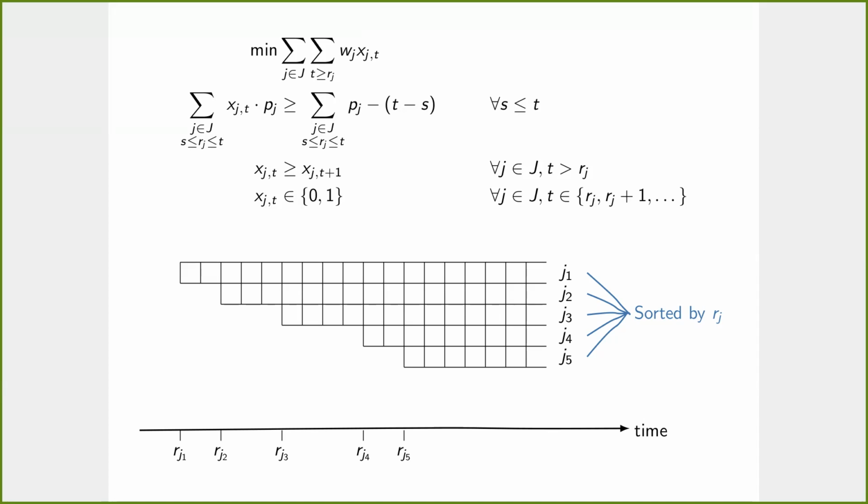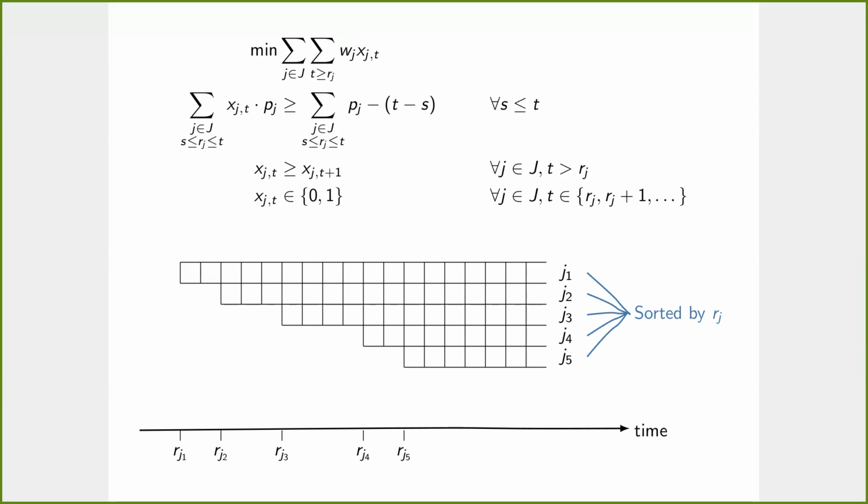So the uppermost row corresponds to the job with the earliest release time, and the lowest row corresponds to the job with the latest release time. And every square in this picture corresponds to a pair: a job, and some time later than its release time. This is also why the first row starts at the leftmost point, and the last row starts at the rightmost point, because the jobs are ordered according to the release time.